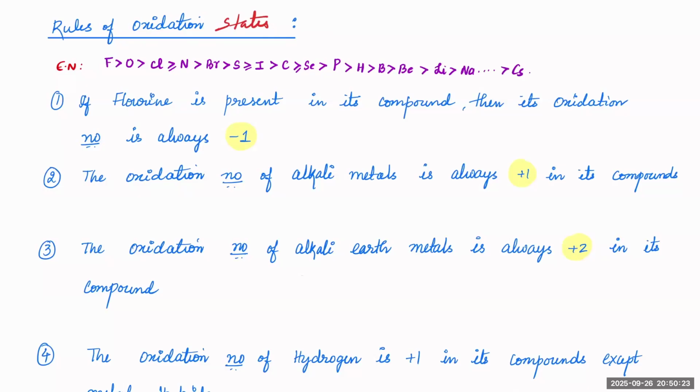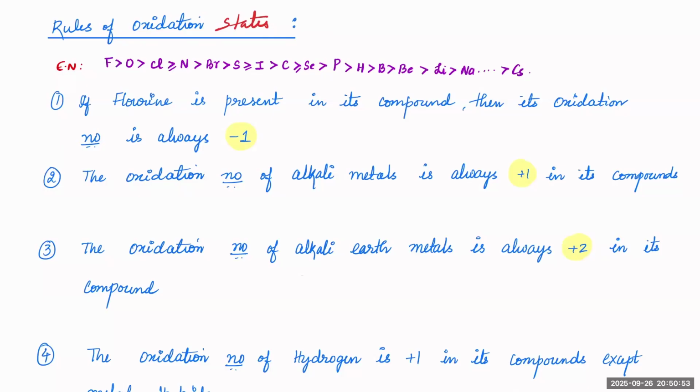Now think about it, everyone. Fluorine can always participate in covalent bonding by sharing only one electron. Is that right? That means fluorine can only make one bond. It does not make double bonds, triple bonds, and so on. Because fluorine is more electronegative, when you make any bond with any of these elements, fluorine is the only one which will always win the electron.